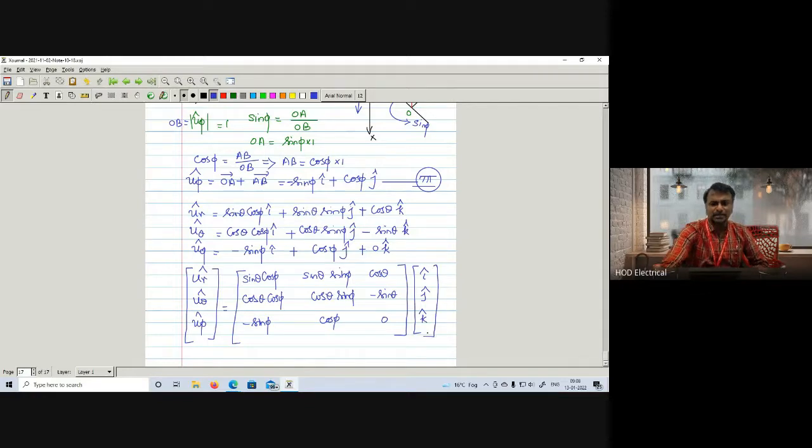This is the matrix which we can derive from this.